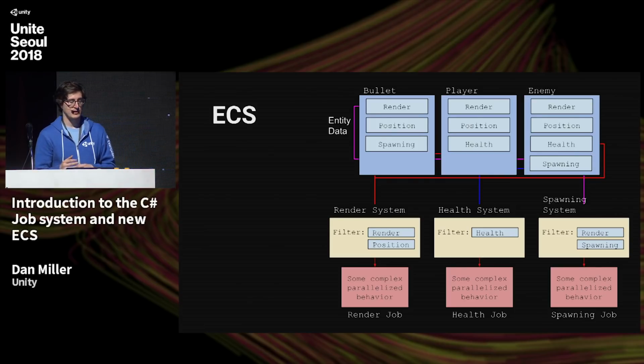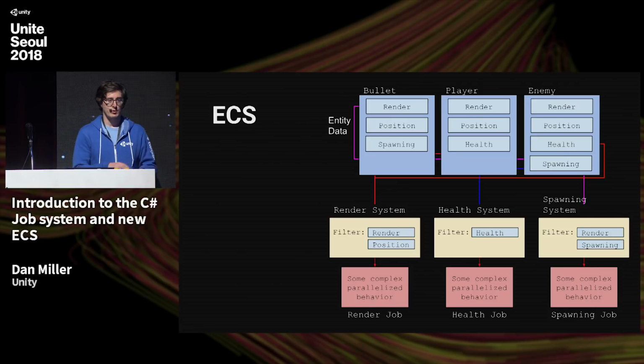This allows data to be tightly packed within memory, not the scattered approach that we're seeing with object-oriented design. Next, that data is acted upon by systems and is filtered through that. And lastly, we parallelize that data by calling processes on multiple threads in order to optimize and speed up performance.